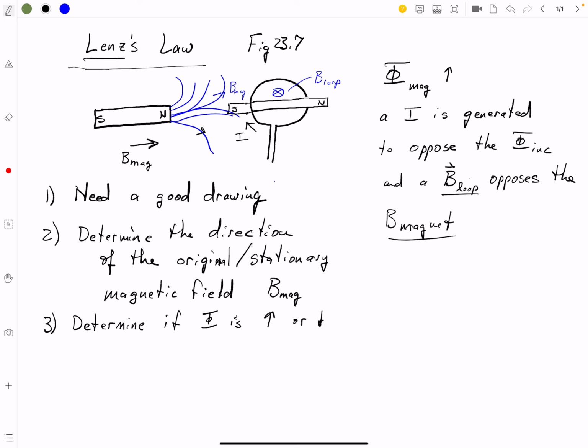Okay, because if it's decreasing, we already know what happens. The current generated goes in this direction, okay? So if it's increasing or decreasing, that matters, all right? So that's third.